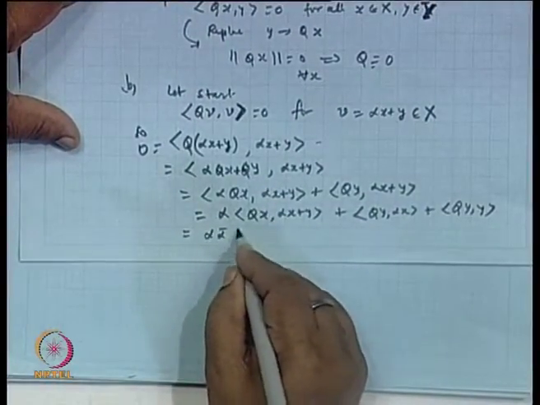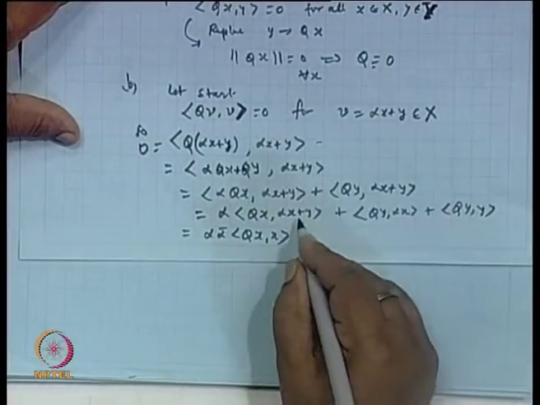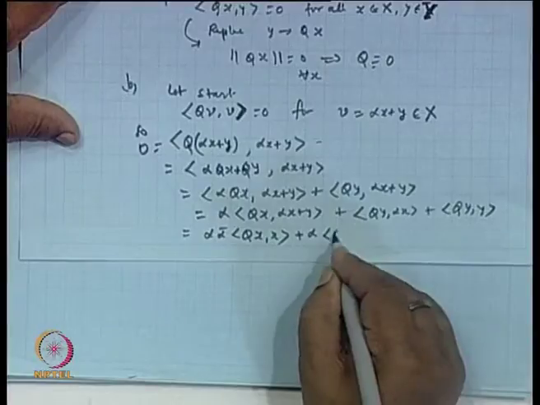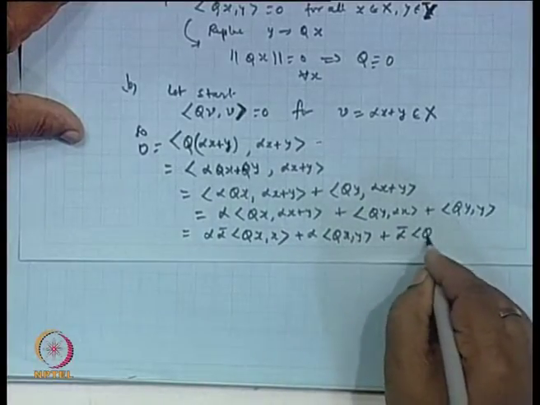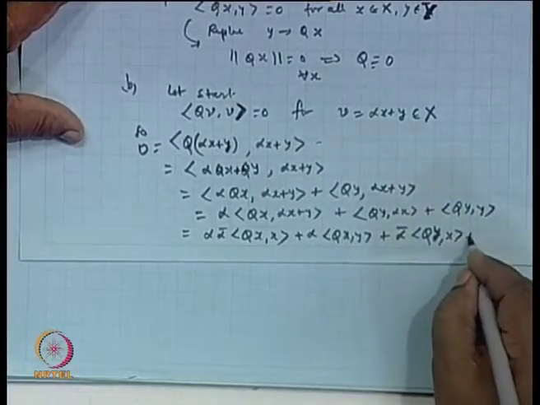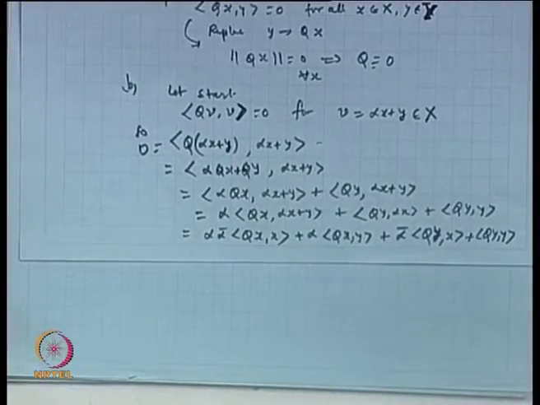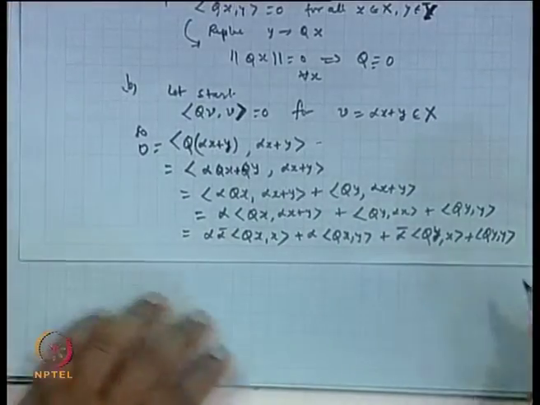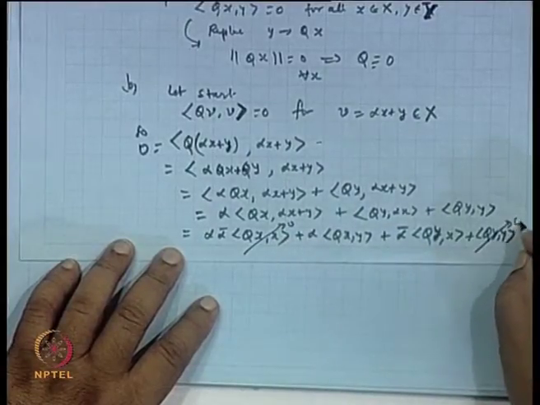So, alpha conjugate Qx comma x, and then plus alpha Qx comma y, and plus alpha conjugate Qy comma x plus Qy comma y. But the inner product of Qx, x is given to be 0. So, this part is 0 and this part is 0.